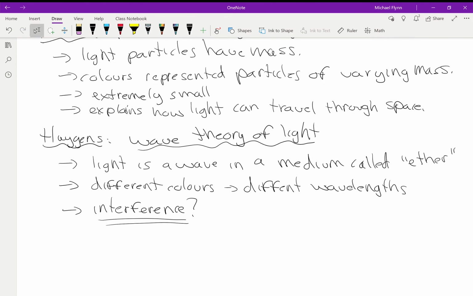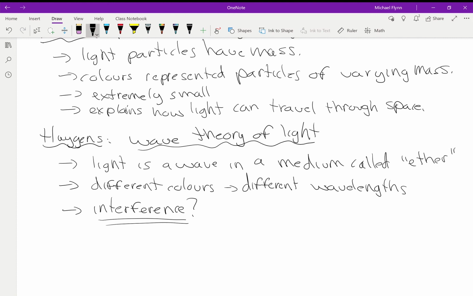Everything changed in the mid-1800s when this guy named Thomas Young did a famous experiment that basically proved that Huygens was right. Of course, this unit is called the wave theory of light. So spoiler alert, Huygens was onto something here.